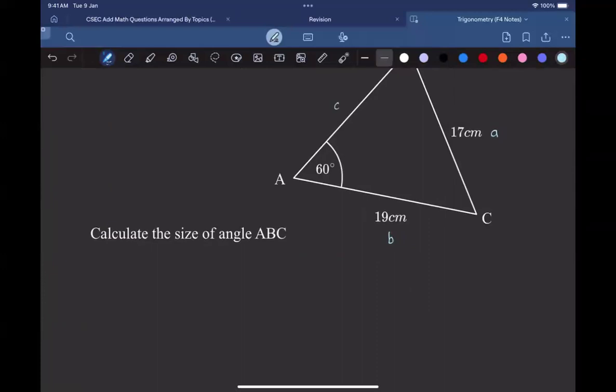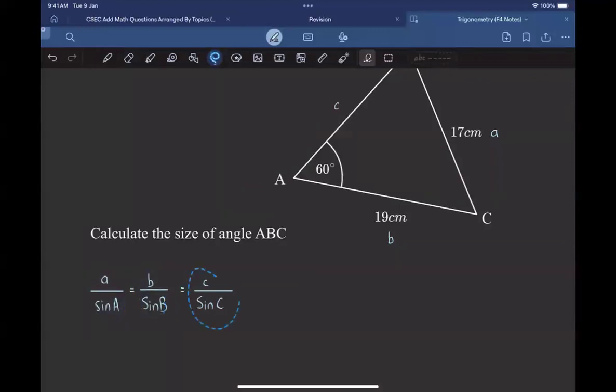a over sine A is equal to b over sine B, equal to c over sine C. And then you're going to replace all the letters.